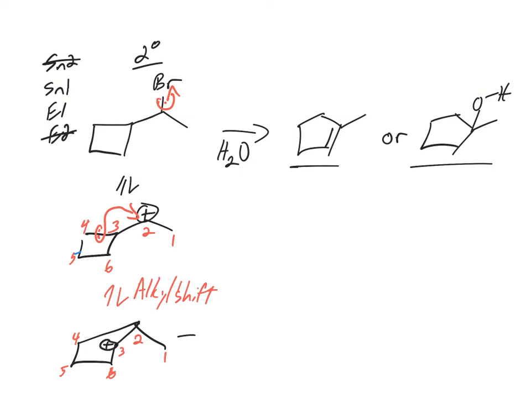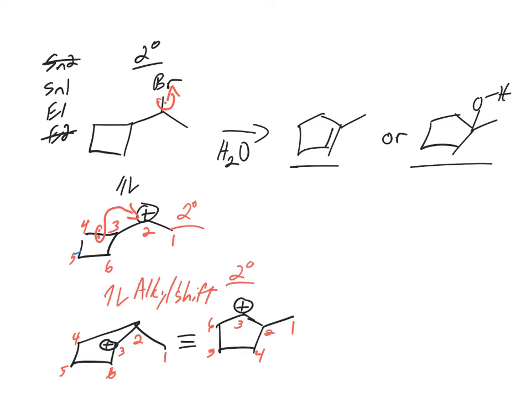So let's draw it in a better looking version. 1, 2, 3, 6, 5, 4. You with me? So what kind of carbocation is this? This was a secondary. This is also a secondary, but notice how we don't have the former ring, so we got rid of ring strain.